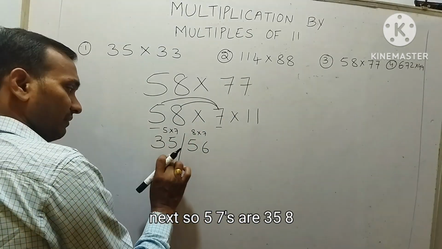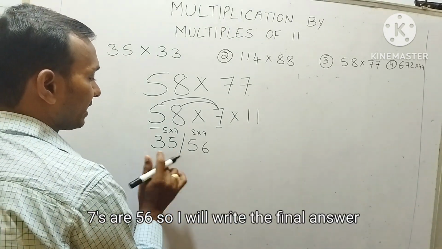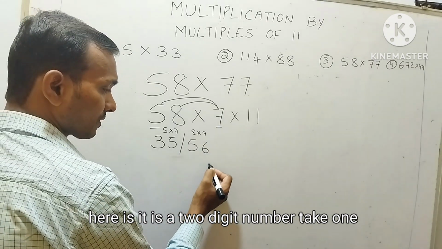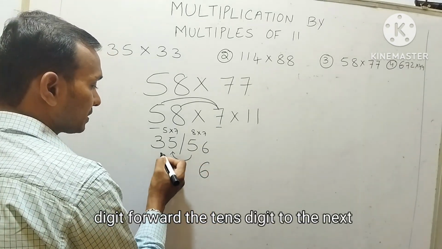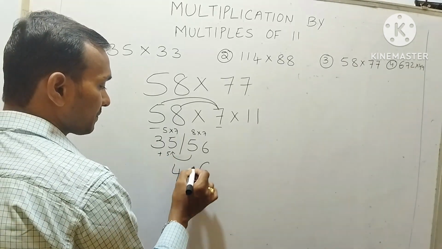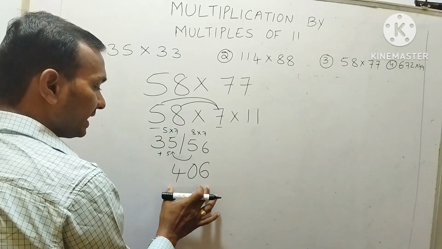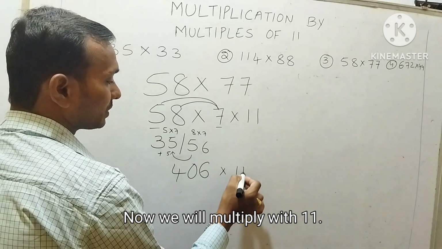So 5 sevens are 35. 8 sevens are 56. So I will write the final answer. Here it is a 2-digit number. Take 1's digit, forward the 10's digit to the next number. 35 plus 5, it becomes 40. So if you multiply 58 with 7, we will get 406. Now we will multiply with 11.